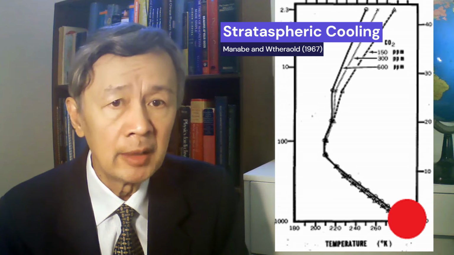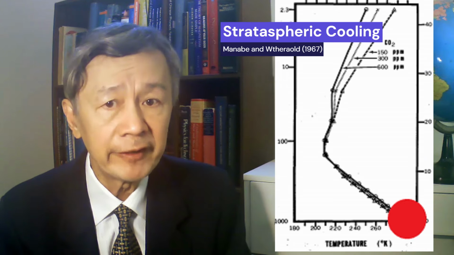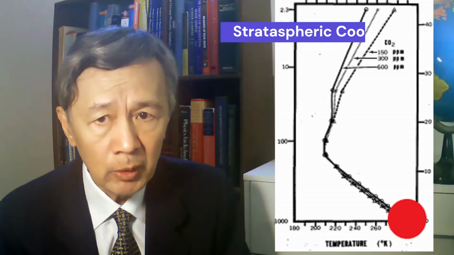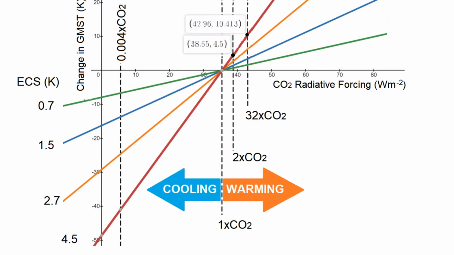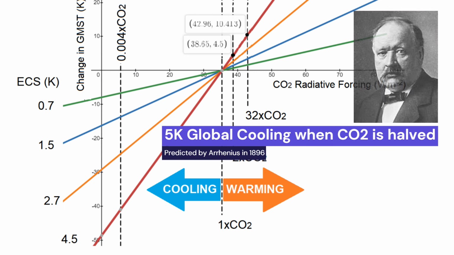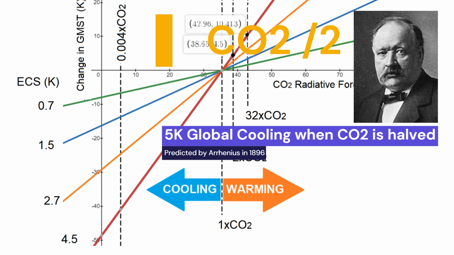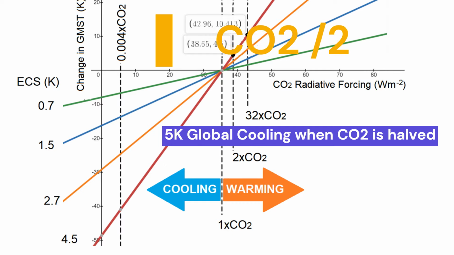Although the climate sensitivity 0.7 Kelvin I derived from the figure published by Manabe and Wetherald seems very small, it is the only climate sensitivity listed in this picture that is consistent with the earlier estimate by Arrhenius that global cooling could be 5 to 6 Kelvin if the CO2 in the atmosphere were reduced by half, as you can see here.